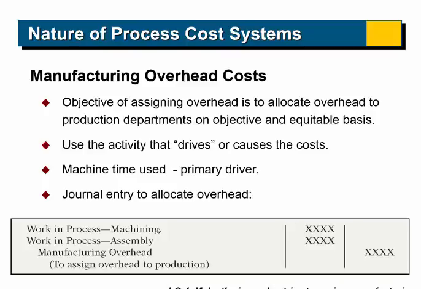And then again, with our manufacturing overhead, go back and look at how we calculate the predetermined overhead rate. And we have an objective here of assigning the overhead into these accounts in order to allocate the overhead to the production departments on an objective and equitable basis. These manufacturing overhead costs are for all kinds of things.